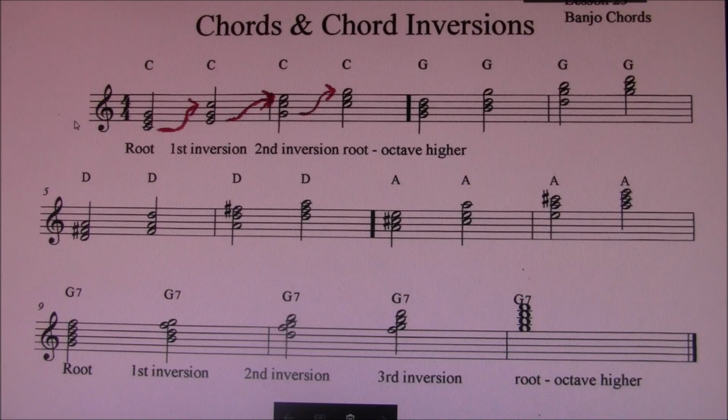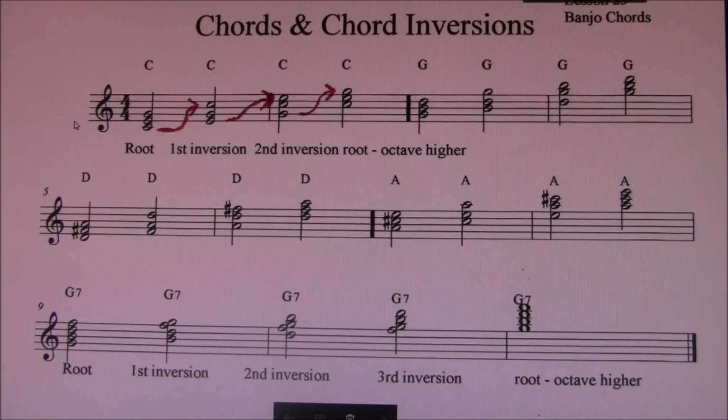All along I've been talking to you about knowing the names of notes that go within a chord, and at this point you just have to memorize what they are. There is a theory for knowing all of this stuff, and I will be getting to that in a near lesson.